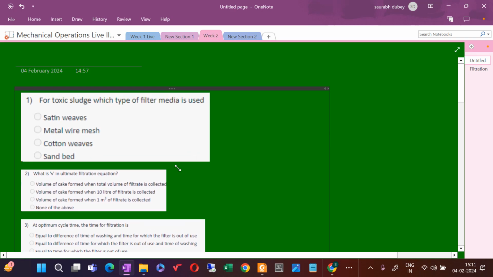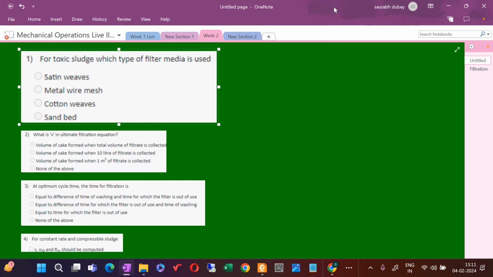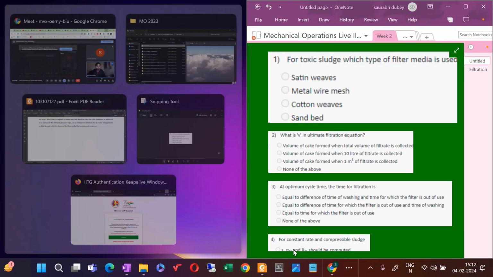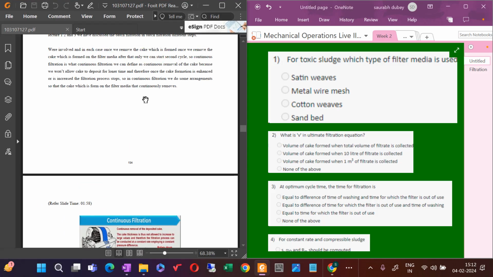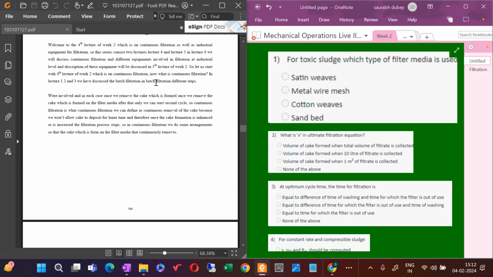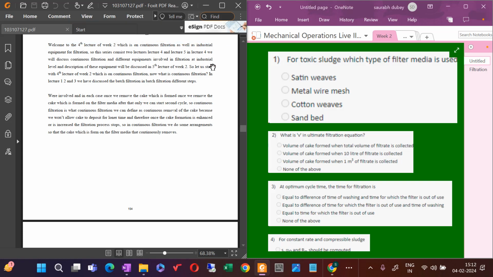So the first question is, for toxic sludge, which type of filter media is used? There are different types of filters and different types of media, but which has to be used for toxic sludge?